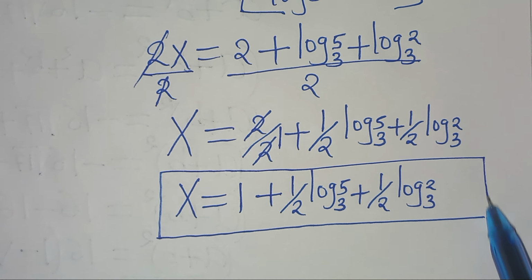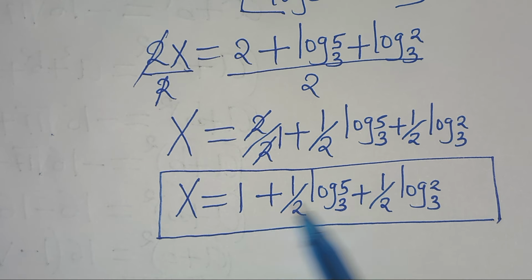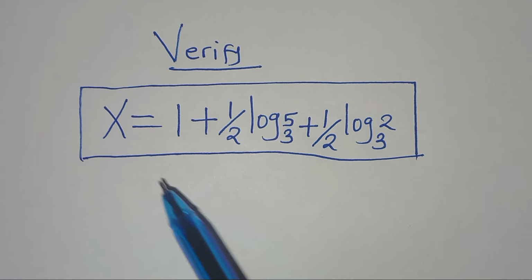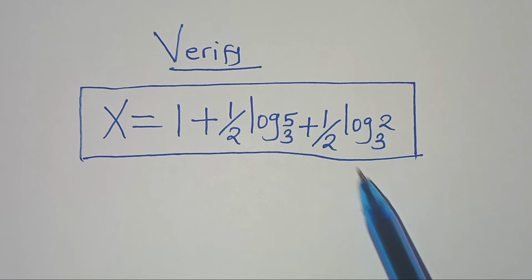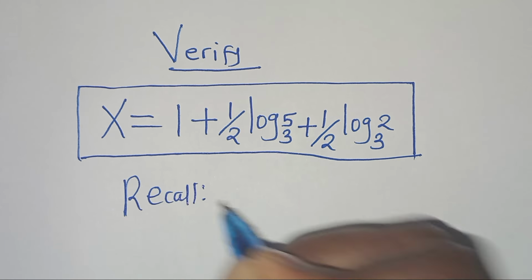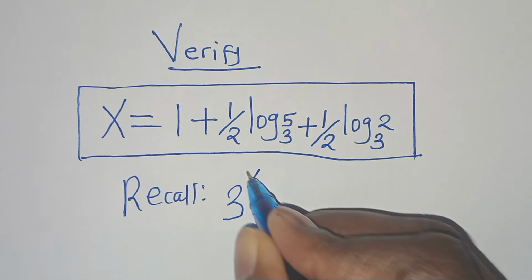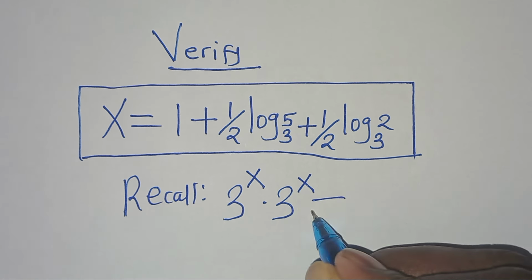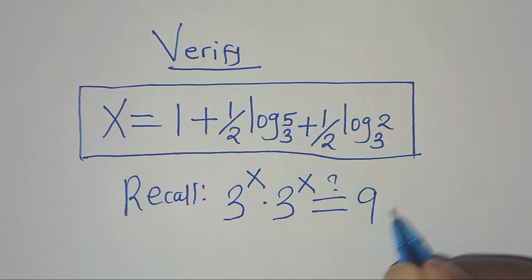So the next step is to verify that this value of x satisfies the equation. Now if you recall, we have 3 to the power of x times 3 to the power of x, which should give us a value of 90.